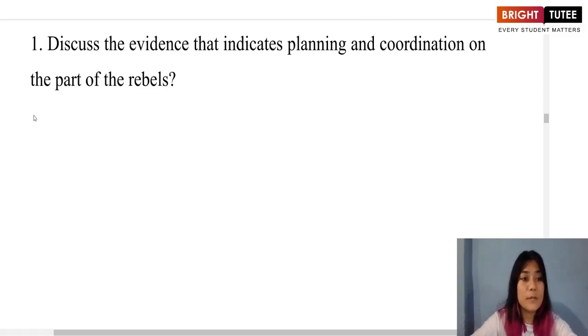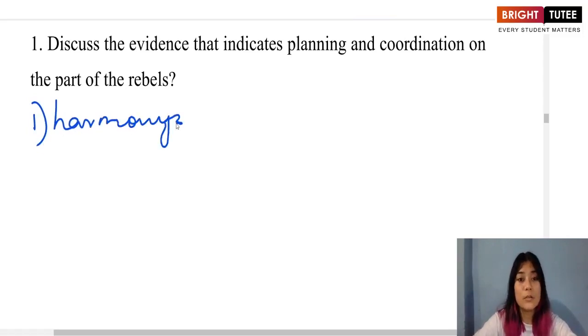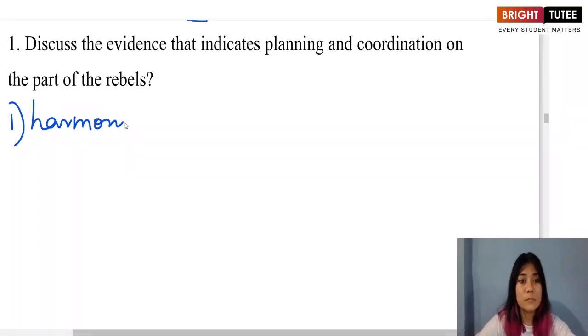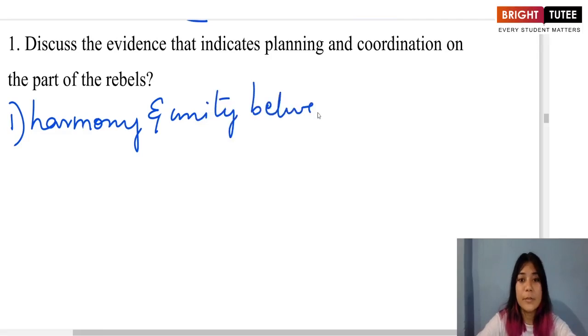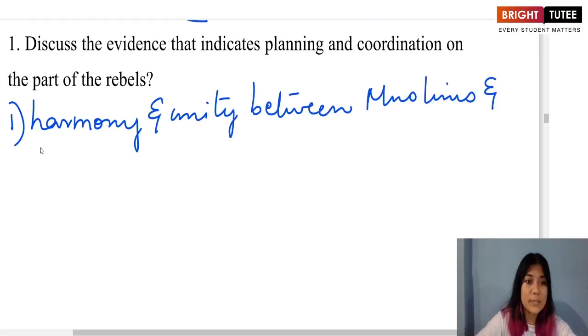Okay, so the first point is the harmony and unity between Muslims and Hindus. That indicates planning and coordination.